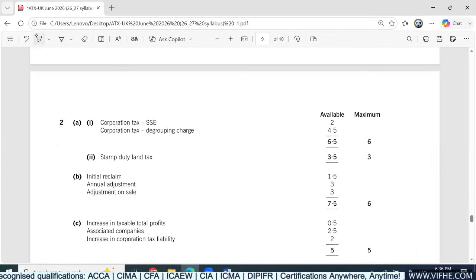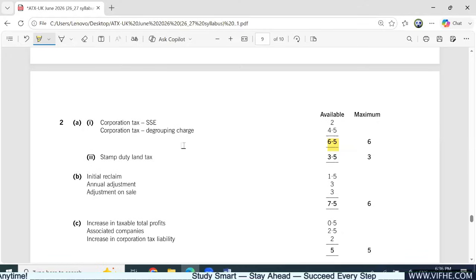See, technically, there were approximately 6.5, I mean, approximately 7 marks available. And by presenting the answer in an appropriate way, you could secure 6 marks even if you haven't addressed everything.